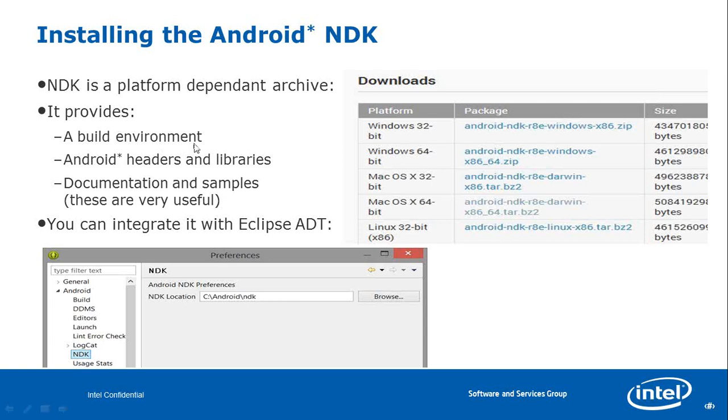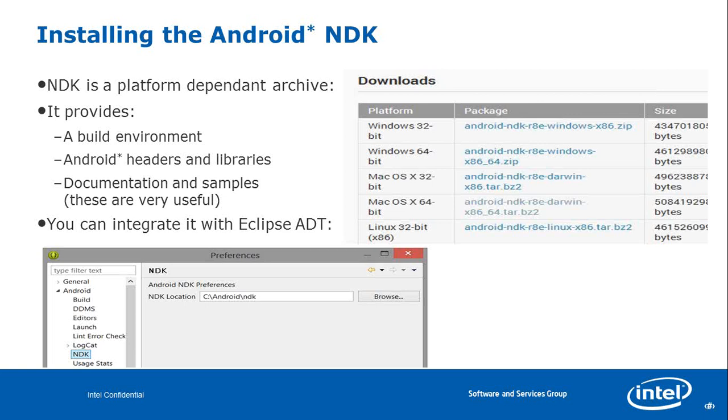You just download it from the Android website, and then you need to integrate it into Eclipse ADT. As shown in the picture, in the Eclipse preferences you can link it to the Eclipse ADT.